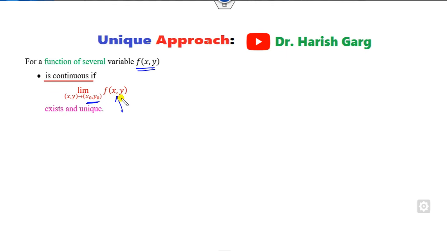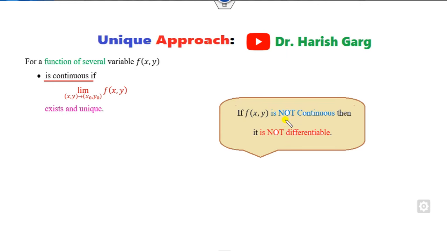If the limit of this function exists and is unique, that is the most important word, then you can say the function is continuous. On the other hand, if you prove that the function is not continuous, it implies the function is not differentiable. So whenever you want to prove that a function is not differentiable, you can simply prove the function is not continuous.